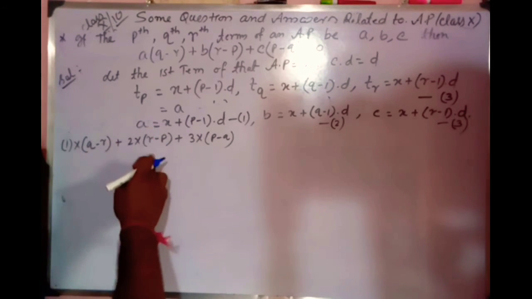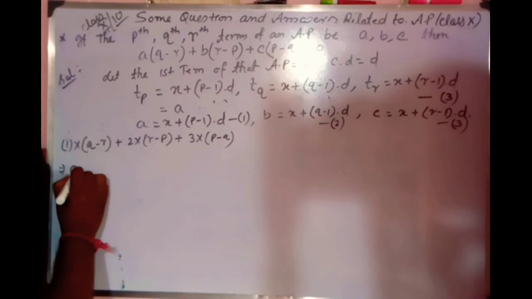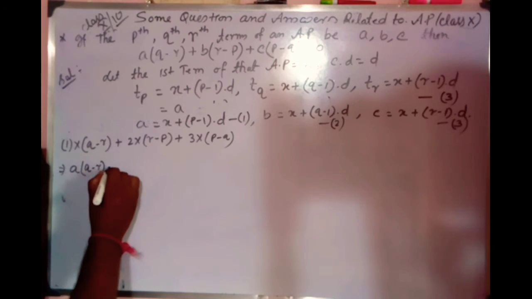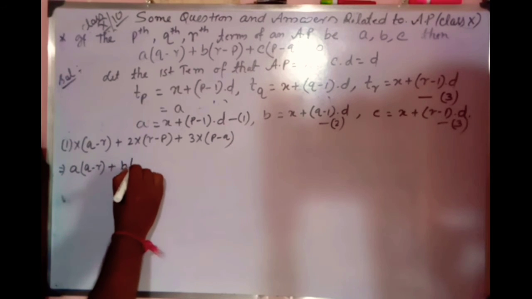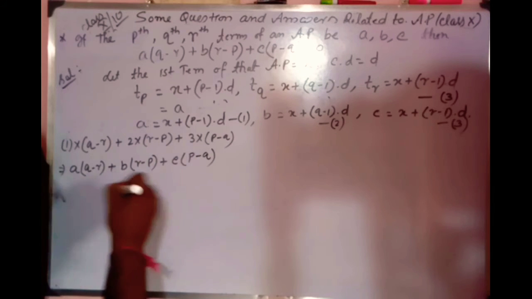In the left hand side, what we get is a into q minus r plus b into r minus p plus c into p minus q. This is the left hand side.